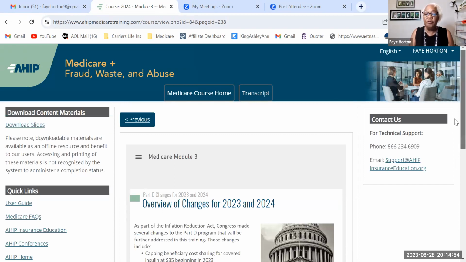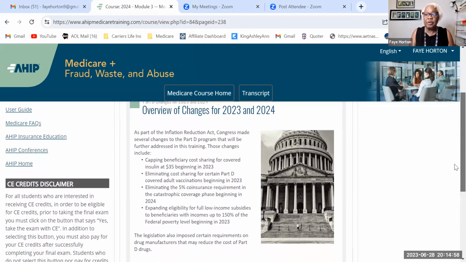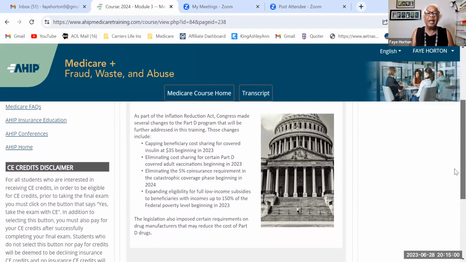So here's an overview of the changes for 2023 and 2024. As part of the Inflation Reduction Act, Congress made several changes to the Part D program that will be further addressed in this training.